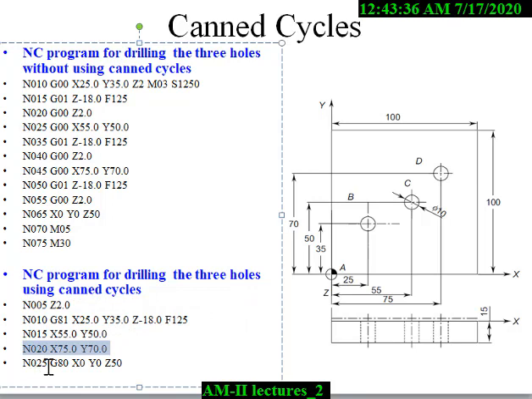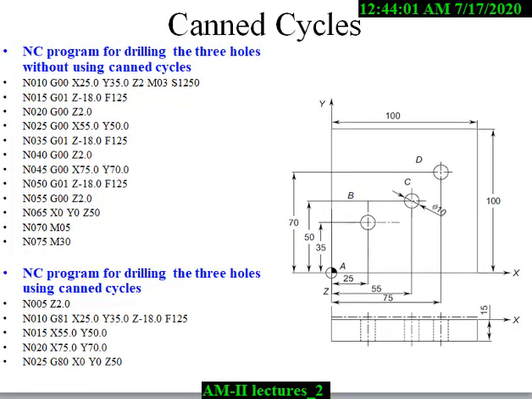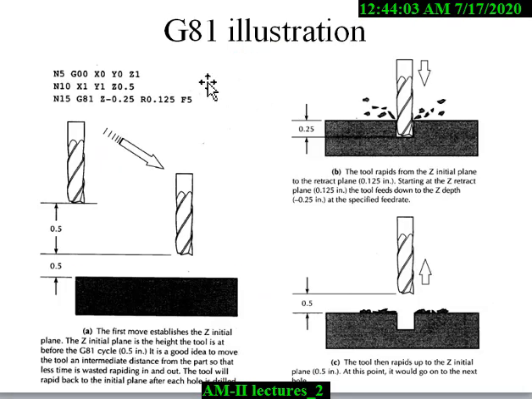When you specify G80, it will understand that the CAN cycle should be cancelled, and the tool should be moved to a new position X0, Y0 and Z50. So this many lines of code have been reduced by using the CAN cycle. This is the advantage of using the CAN cycle.